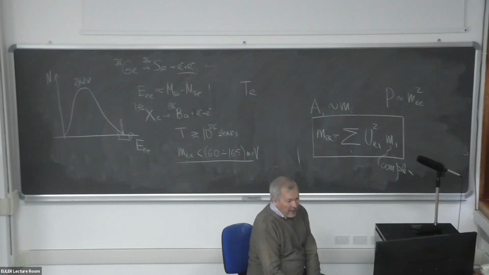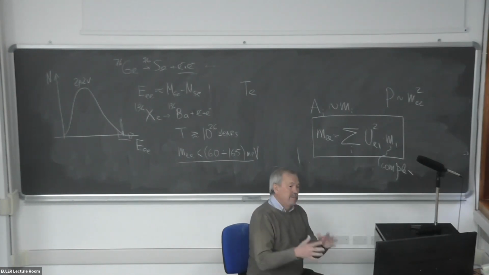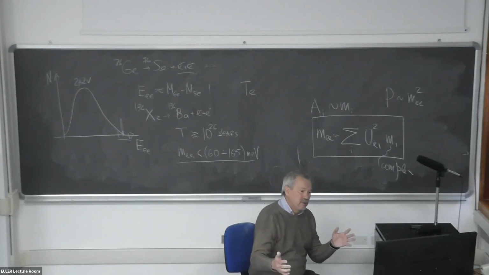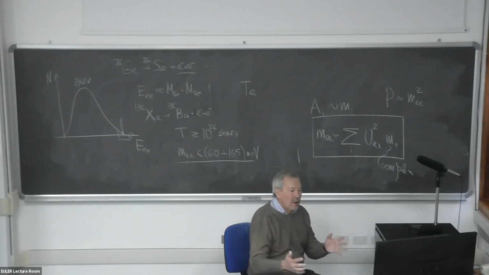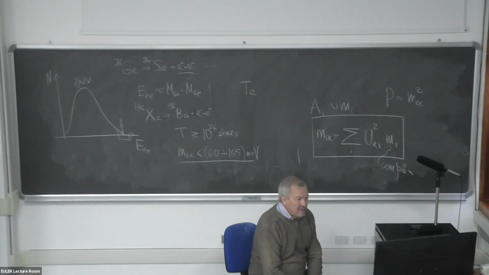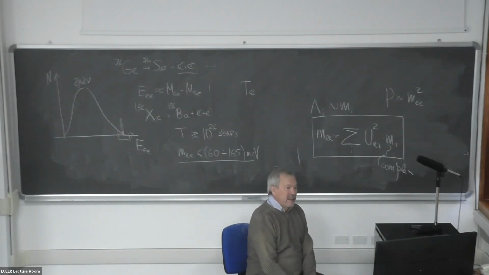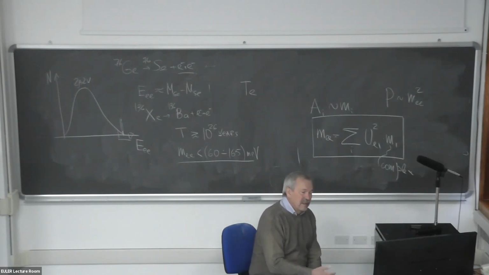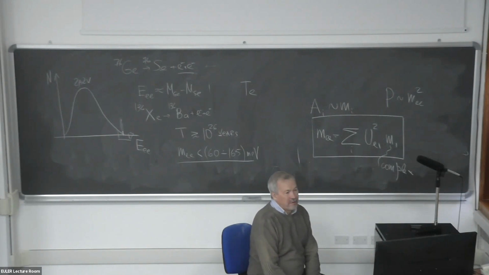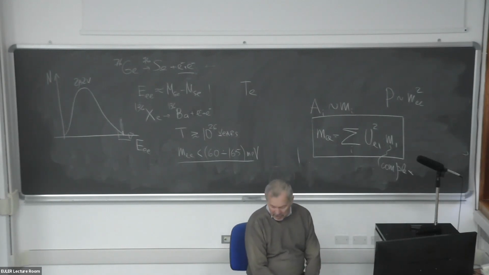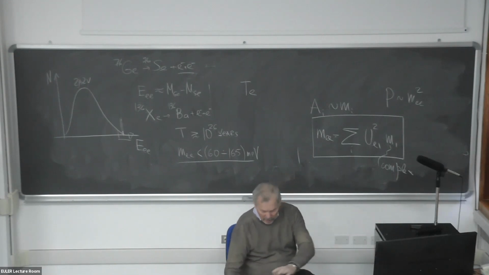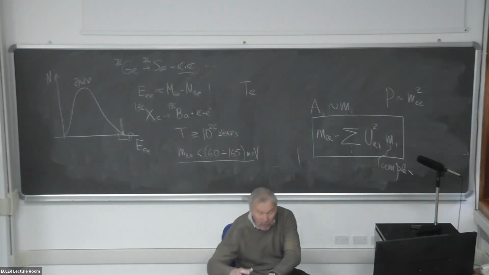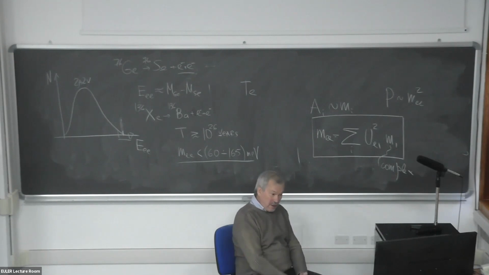It started already in the 60s when the first searches were done, and there are plans of future experiments with bigger and bigger mass of material, with lower and lower background, and with better and better energy resolution. These are the factors which are important for searches for neutrino-less double beta decay, and maybe some of you will work on this. It is also a very important experiment to search for new physics.